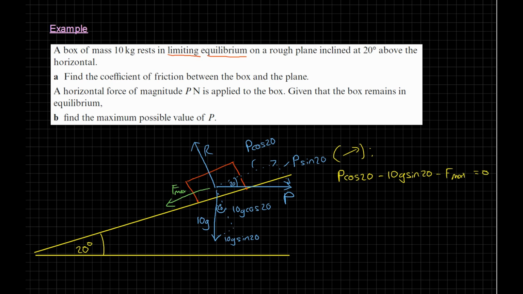And then what about vertically, perpendicular to the slope? We've got R going up, we've got P sine 20 going down, and we've got 10G cos 20 going down. So let's deduct both of those, P sine 20 and 10G cos 20, and that's equal to 0.